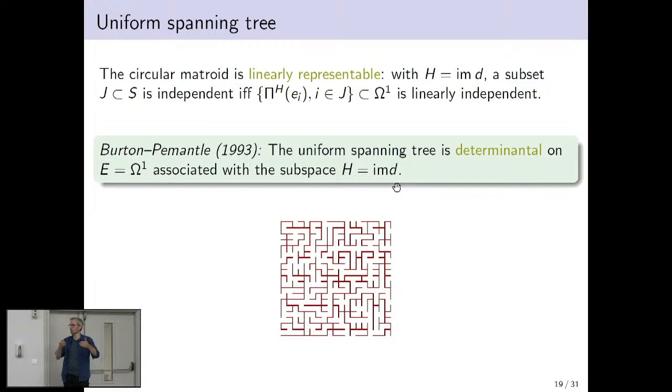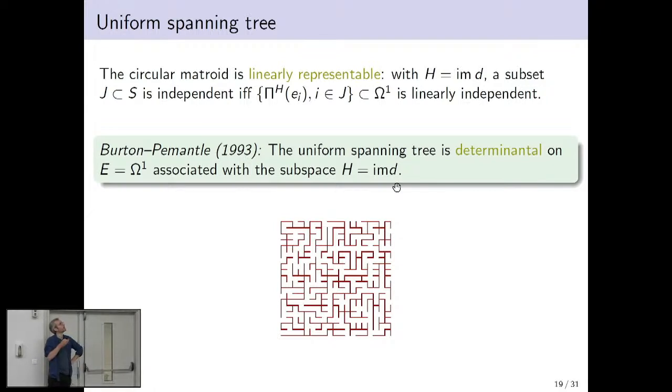Any one form can be written as a linear decomposition of just its values on each edge. So it will be implicit in all that follows that the orthonormal basis of one forms I'm thinking about is determined basically by edges, and there's a choice of orientation, which doesn't matter. But the important fact I want to stress is that we know explicitly what the subspace is, it's this image of D. And we also know what this determinantal measure is. It's assigning a uniform weight to all spanning trees.